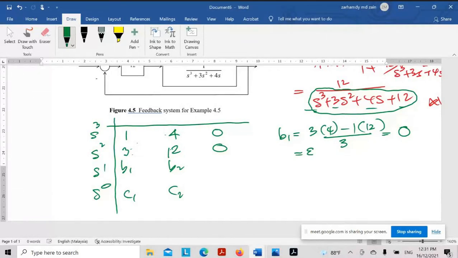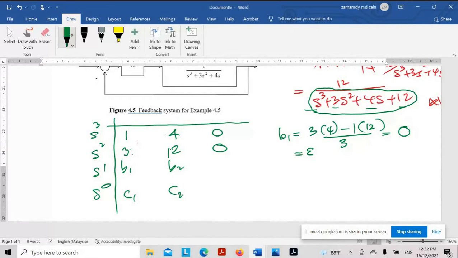We cannot put 0, because if we put 0 it means we do nothing; 0 is nothing, so we don't learn any value. So we assume B1 is epsilon to help us find the value of C1.